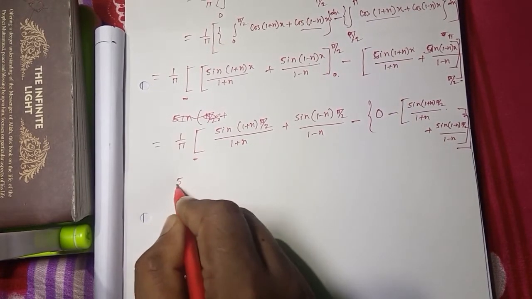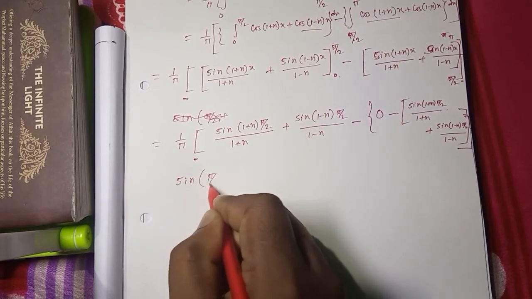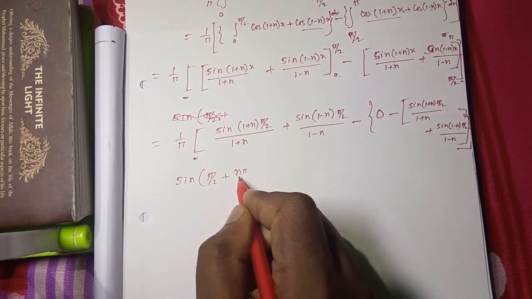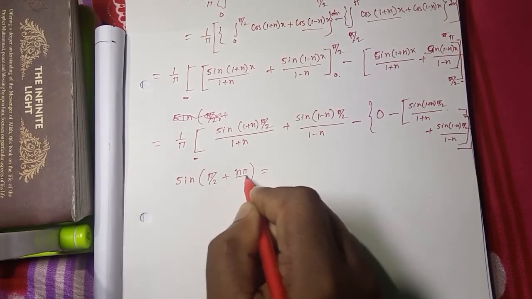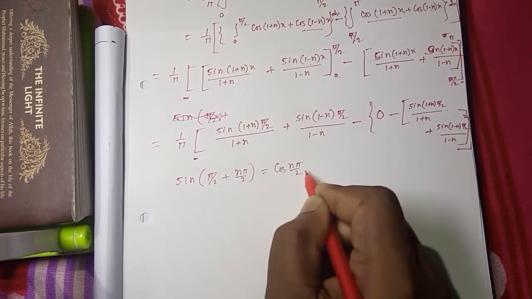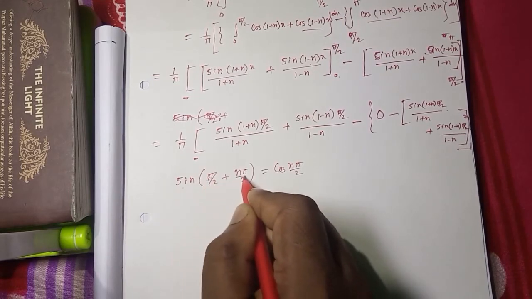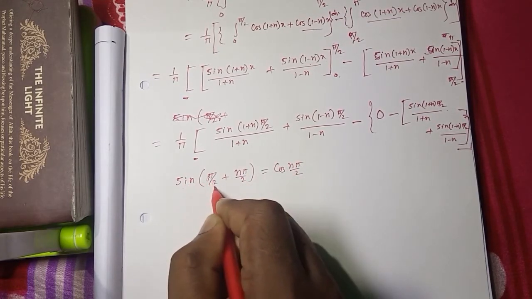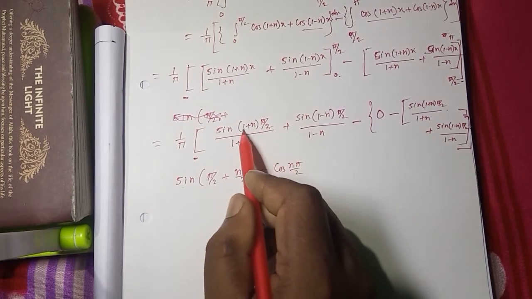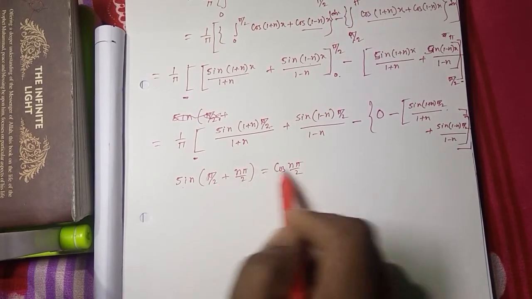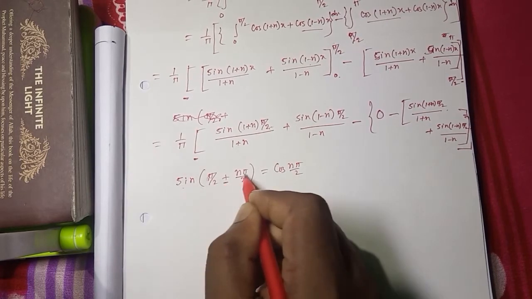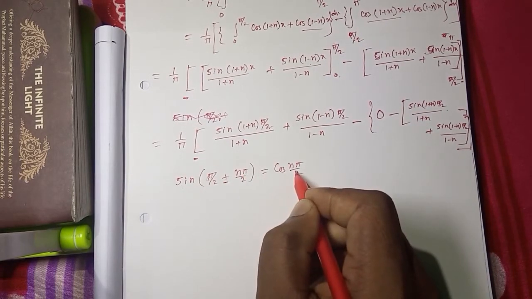Now we know that sine of pi by 2 plus theta is cos theta. Sine of (pi by 2 plus n pi by 2) gives cos of n pi by 2. If sine of pi by 2 minus theta, then also cos theta.